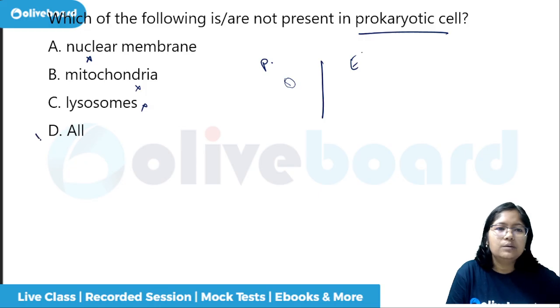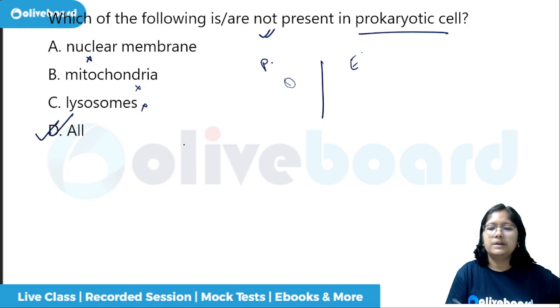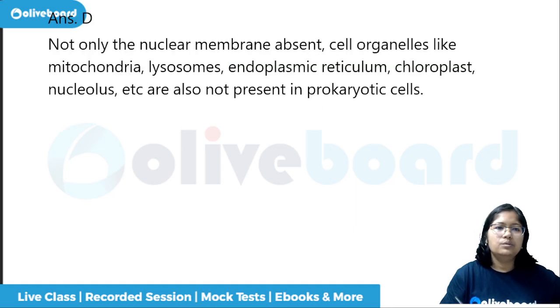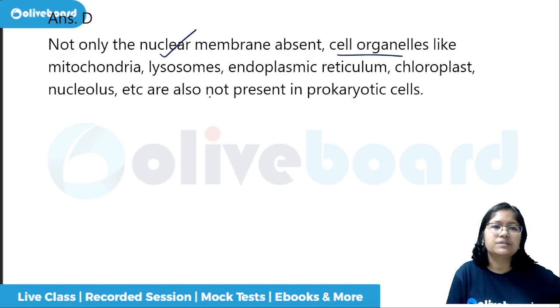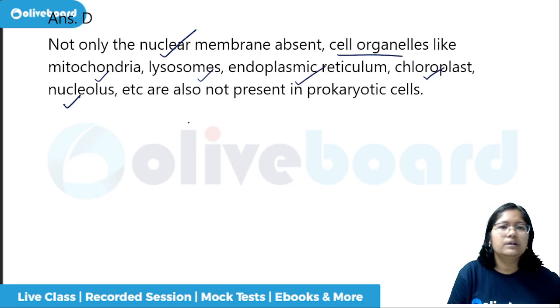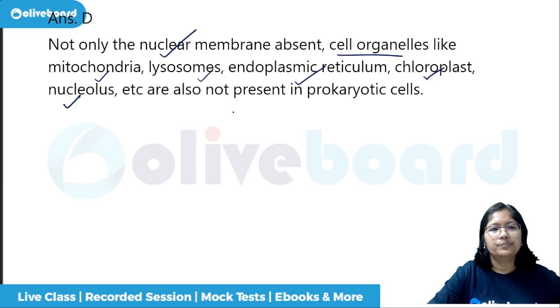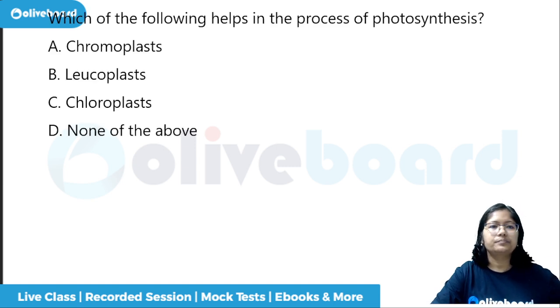That means all of them are not present in the prokaryotic cell. Not only the nuclear membrane is absent, but also cell organelles like mitochondria, lysosomes, endoplasmic reticulum, chloroplast, nucleolus are not present.